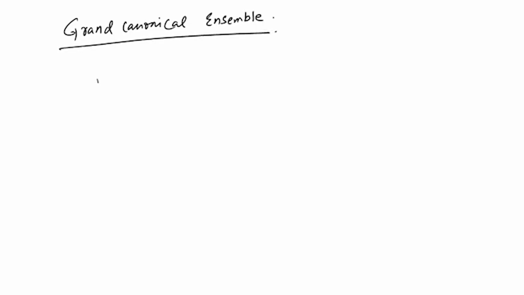And things are not too different in the grand canonical ensemble. Your density matrix is 1 over Z G, where G stands for grand canonical, and we have exponential minus beta H minus mu n.